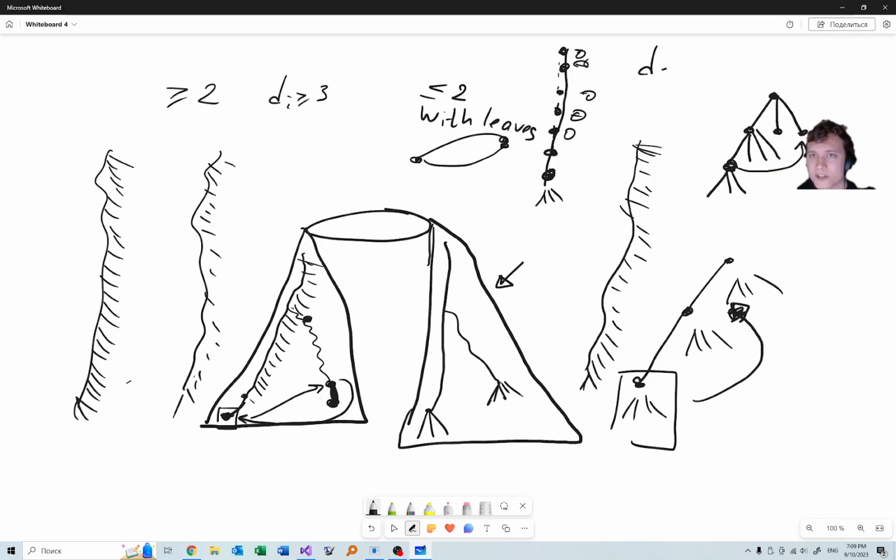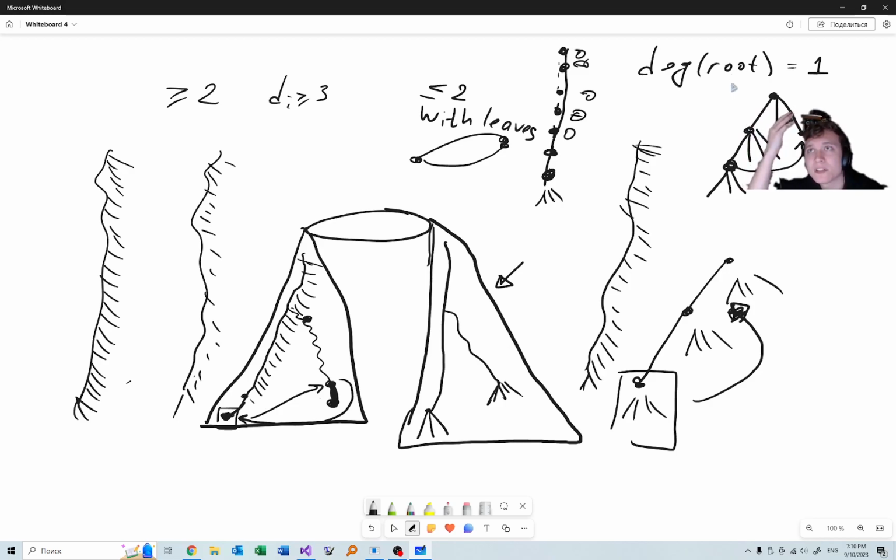So first of all, degree of root is 1. Or not. Is the degree of root 1? Okay, maybe. Okay, just let's subtract 1 from each degree.